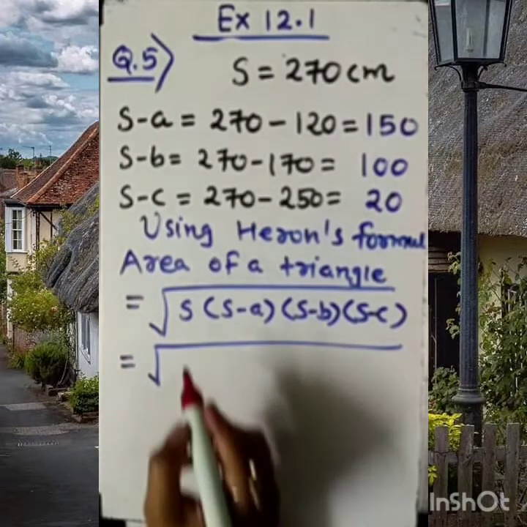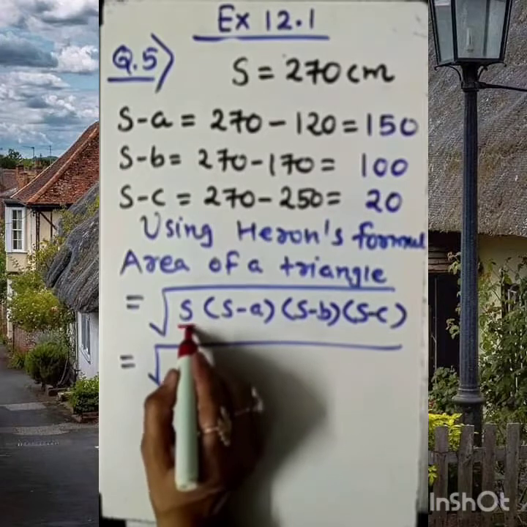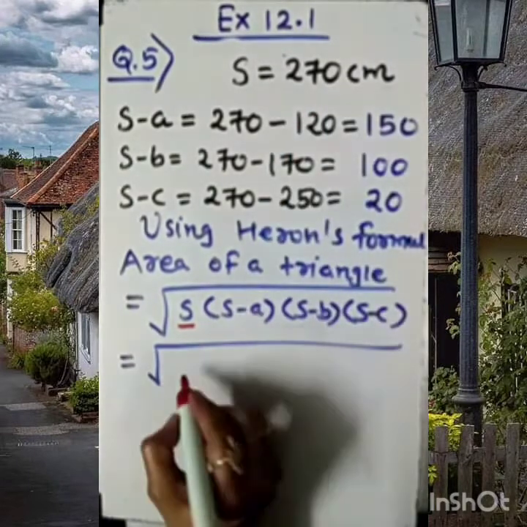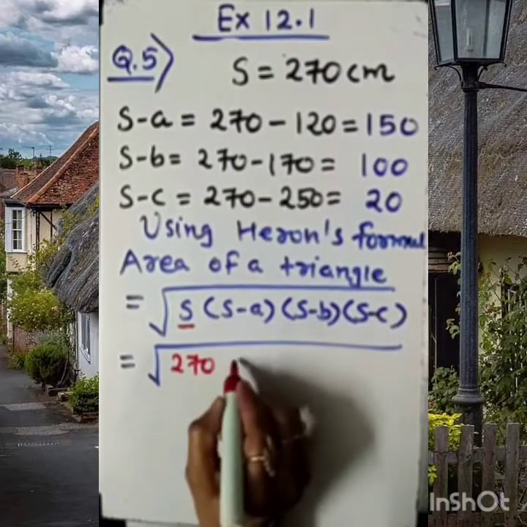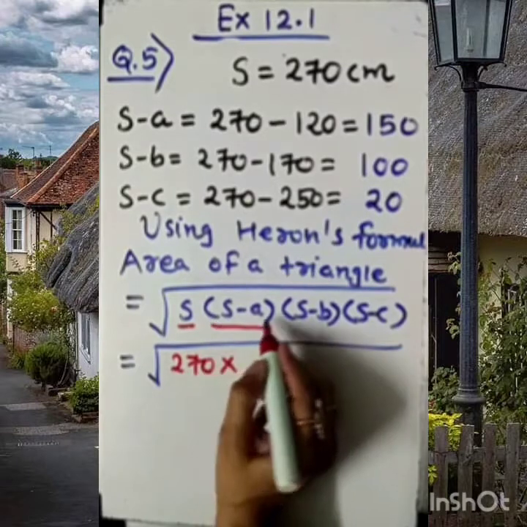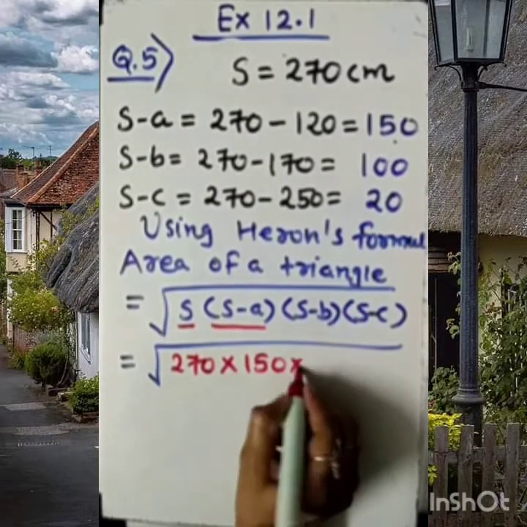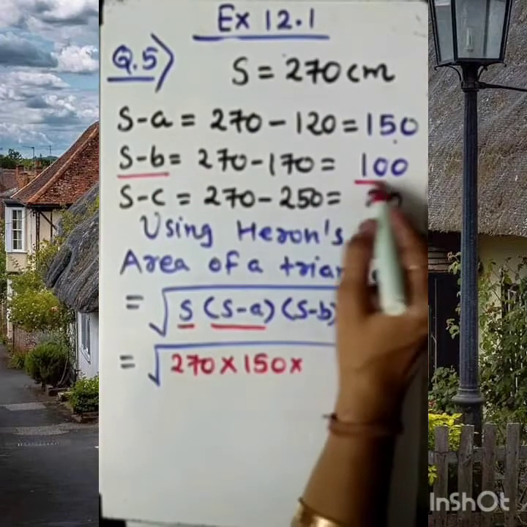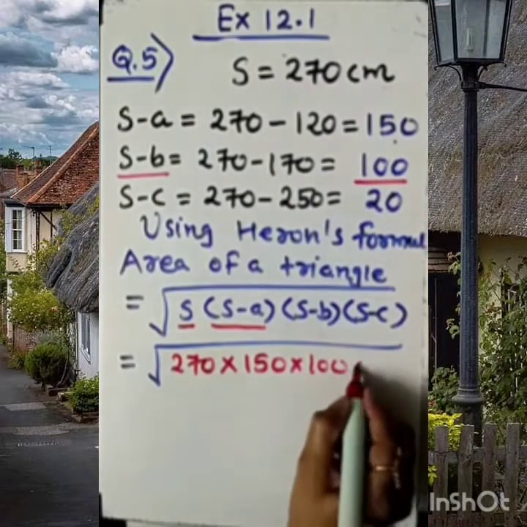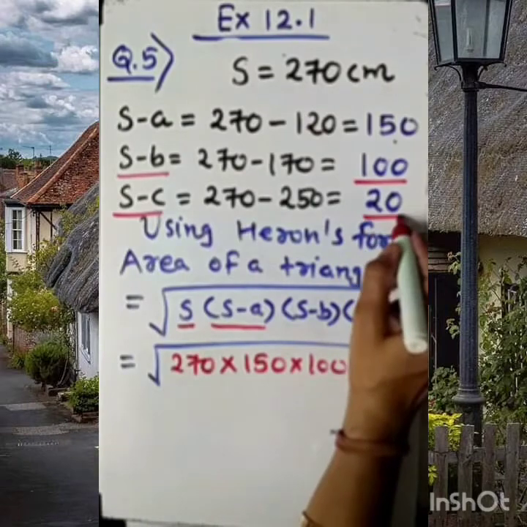What is s here? Let's note down 270. S minus a, already we found, is 150. What is S minus B? That is 100. And S minus C, that is 20.